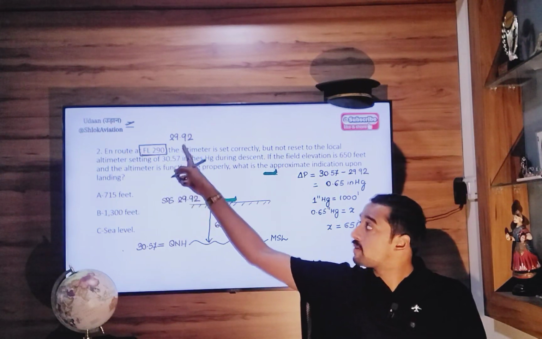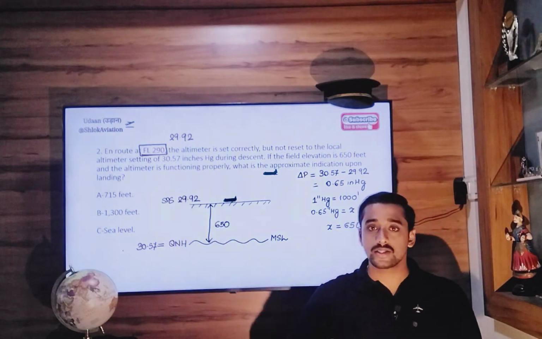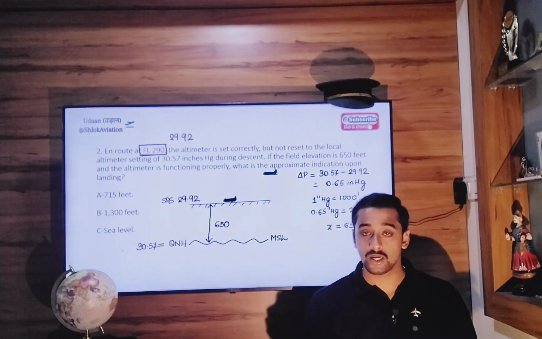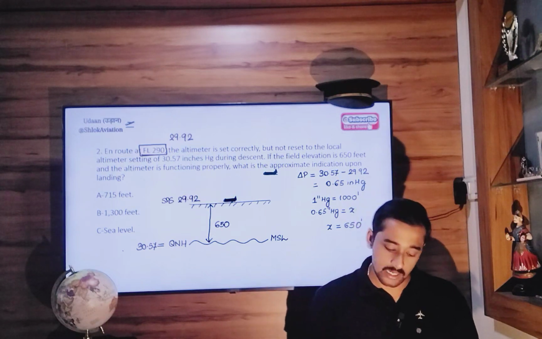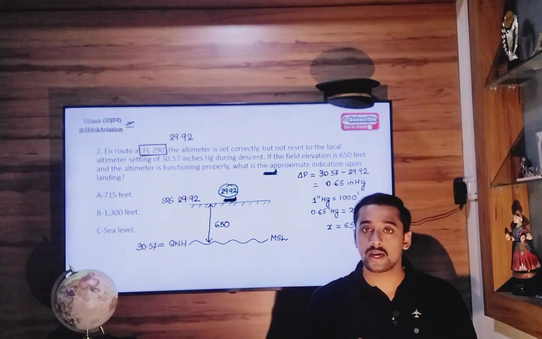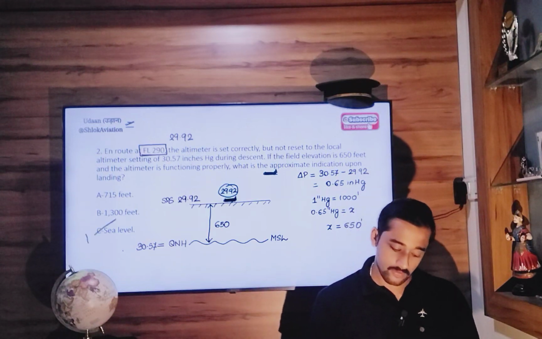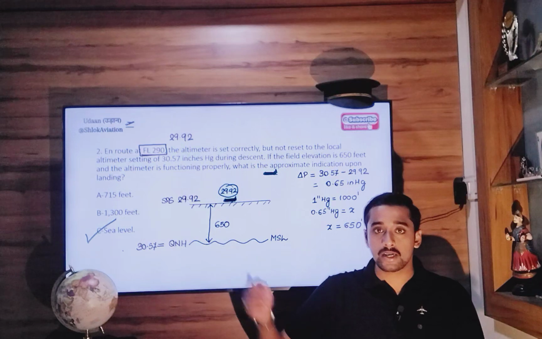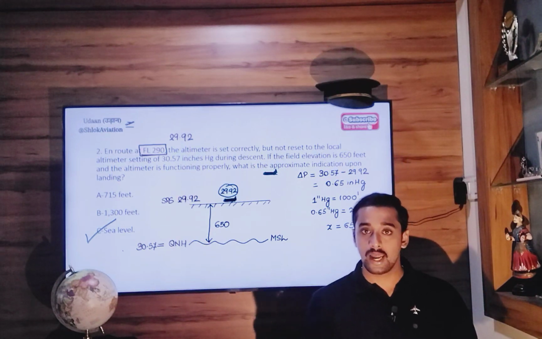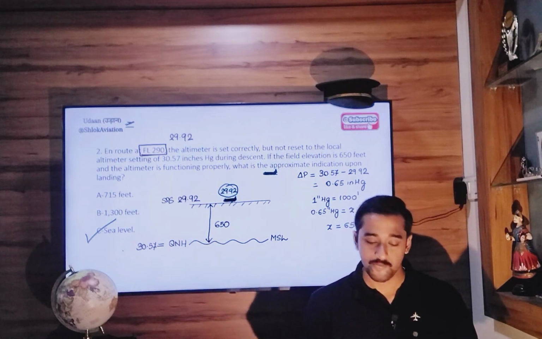So based on this setting, he will get what indication? He will get 0 feet, because when you are at the airport, the airport pressure in your altimeter setting window is 29.92. So vertical distance will be reported 0, meaning sea level. 29.92 is nothing but ISA sea level. So indication shown by the altimeter after landing will be sea level indication or 0 feet.